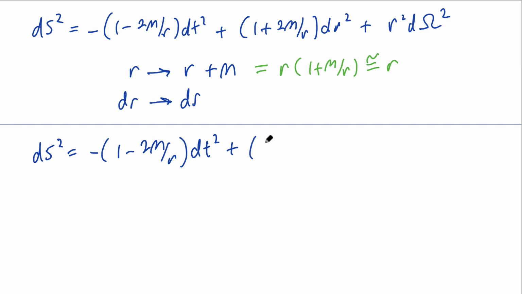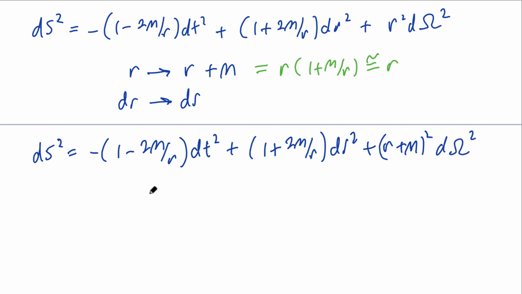So similarly in this term, the new and the old radial coordinates are almost the same, so since this term is already small, we can just leave it alone. And dr squared is the same. Now this r squared becomes r plus m quantity squared. Right?